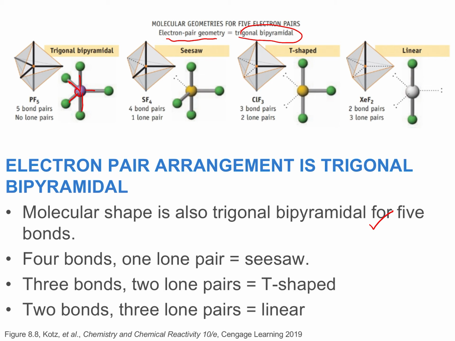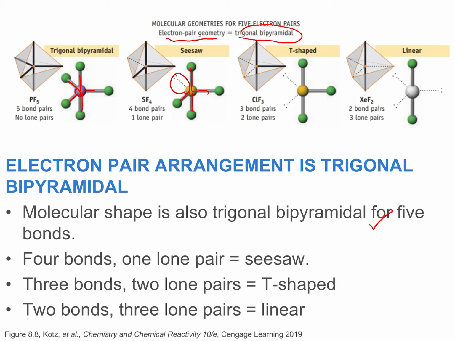But what if we have SF4? If we do the counting, we've got 1, 2, 3, 4, and we've got those electrons right here that are 5.